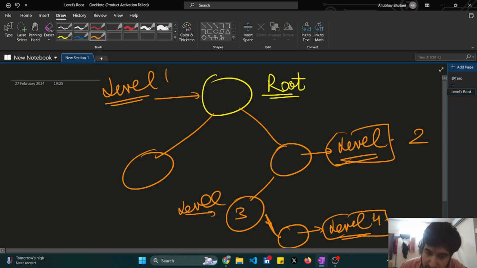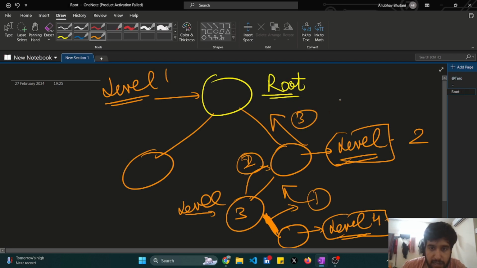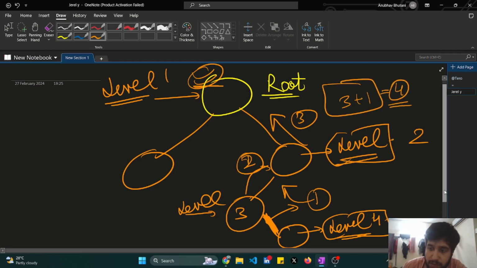Each of these branches would constitute a level. So if I am coming onto the diff, this would return me 1, this would return me 1, this would return me 2, this would return me 3, and 3 plus 1 for this level. So 3 plus 1 equal to 4.